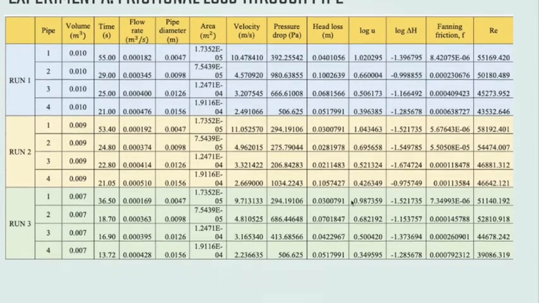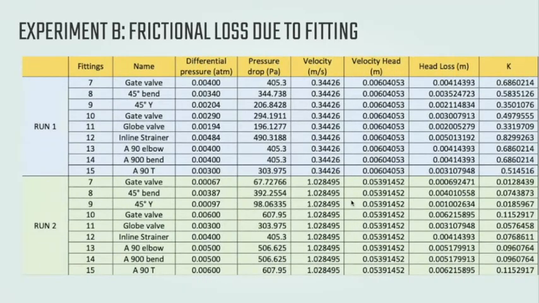So next we go to the frictional loss due to the fittings. We have 8 different kinds of fittings, starting from the gate valve, 45 bend, and so on. We also do 2 runs for this experiment, and the differential pressure is the reading that we get from the manometer, and the pressure drop is what we convert from it.